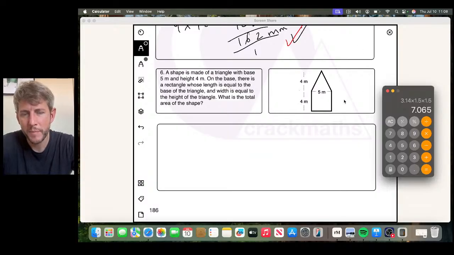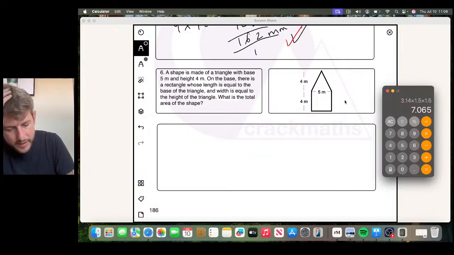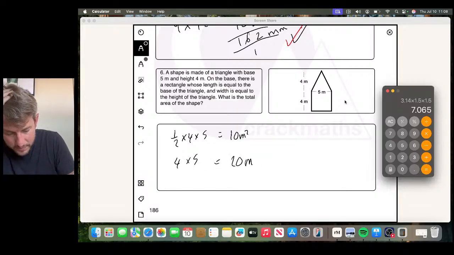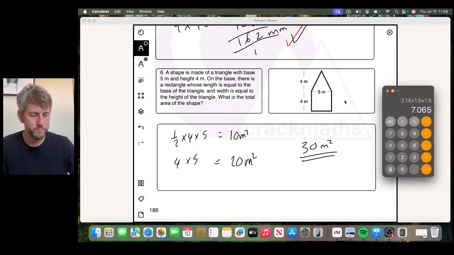Okay, we've happily got the measurements on it, that really helps. Okay, so the triangle will be a half times 4 times 5, and then the rectangle would just be 4 times 5. So this bit is going to be 10 meters squared, this bit will be 20 meters squared. Okay, and then together the total area will be 30 meters squared.